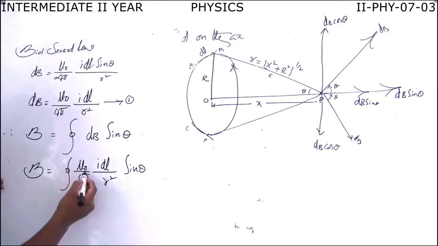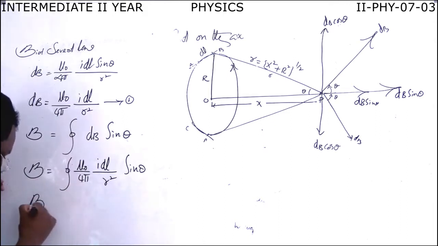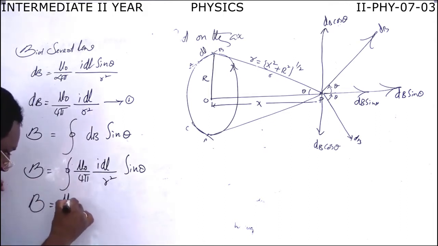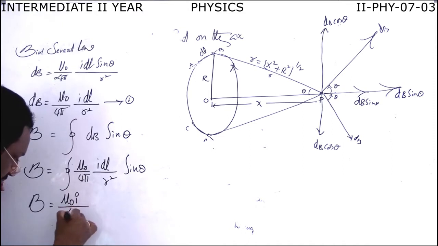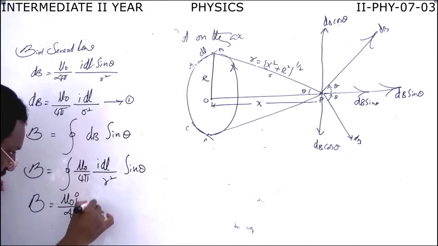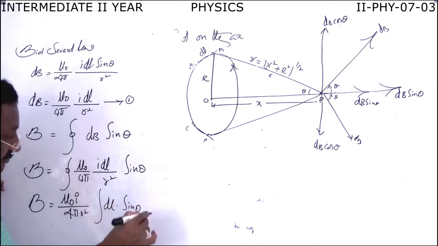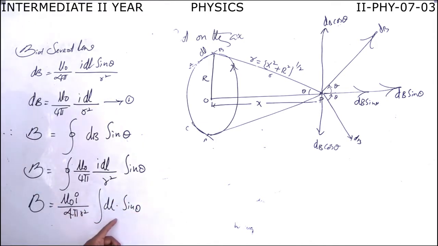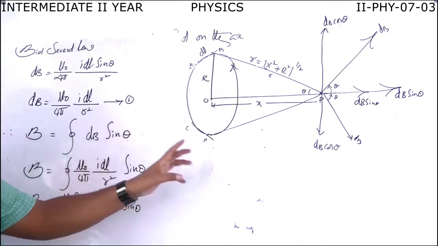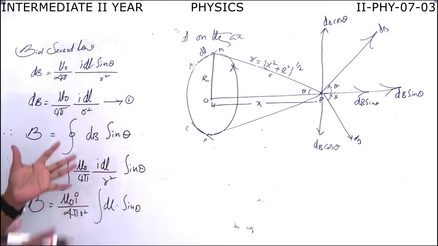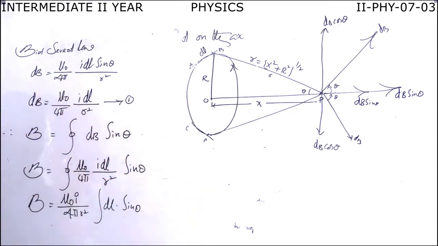Here mu naught by 4 pi I by r square is constant, so that is why we write it outside of the integral. Mu naught I by 4 pi r square, integral of dl into sin theta. So the integration of dl is equal to what? We get 2 pi r, the circumference of the current carrying coil.